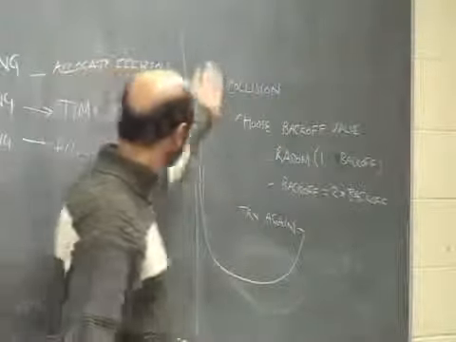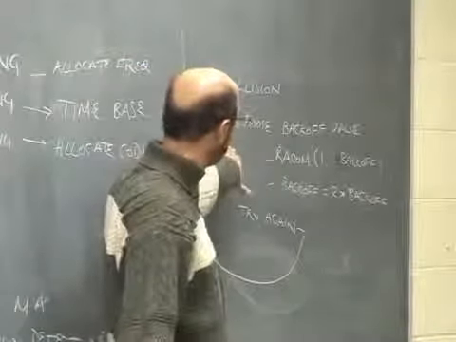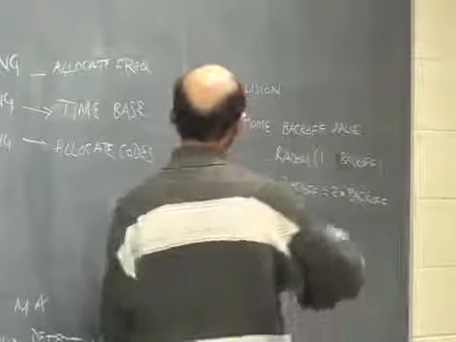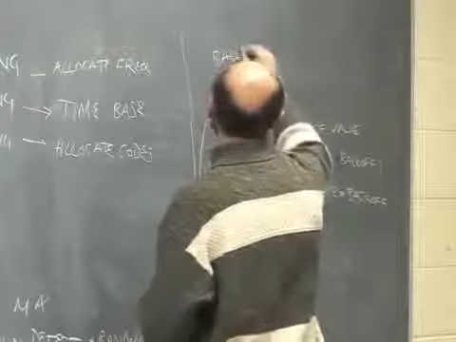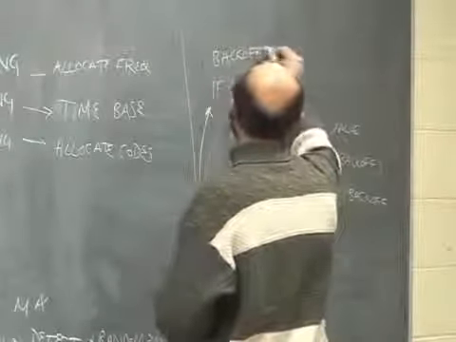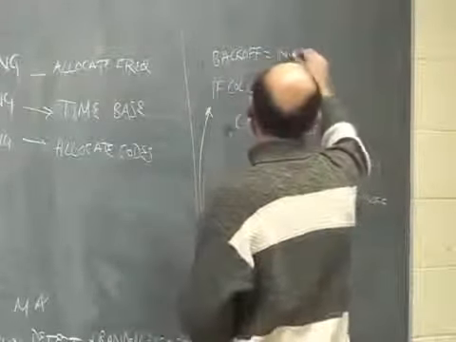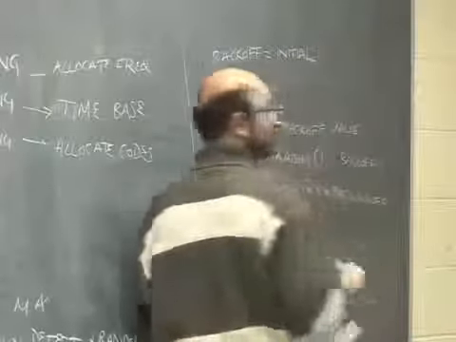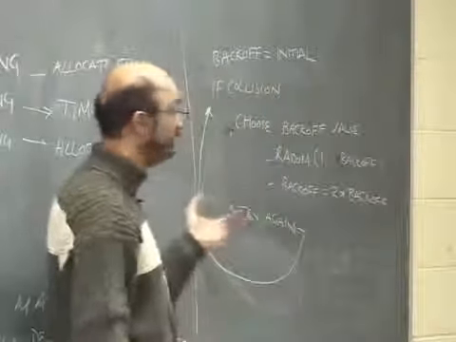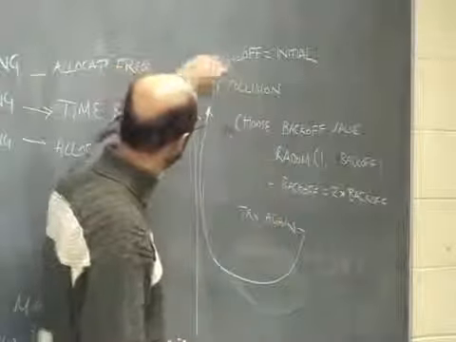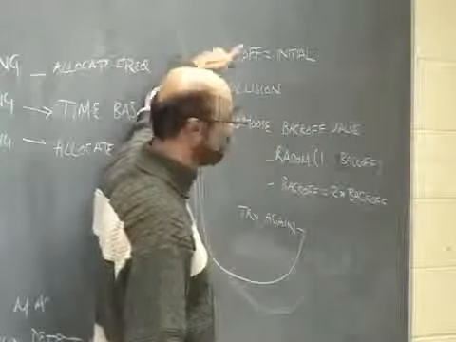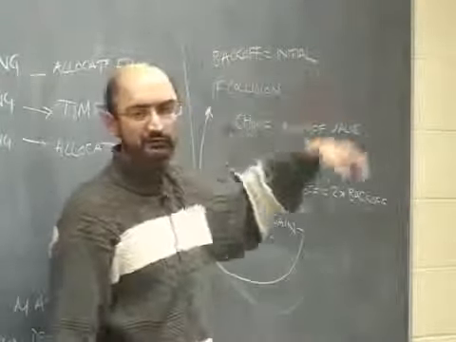So what's happening is a collision. We choose the back off value randomly in the range. We start off with back off equal to some small initial value, something like a few hundred milliseconds, as it turns out. If there's no collision, life is good. You got through.